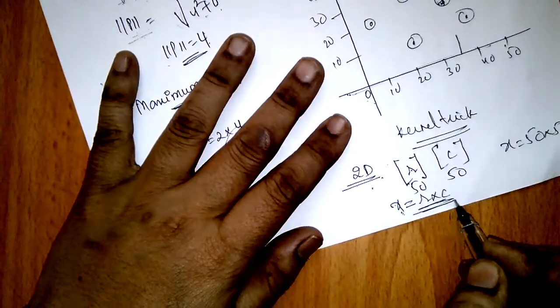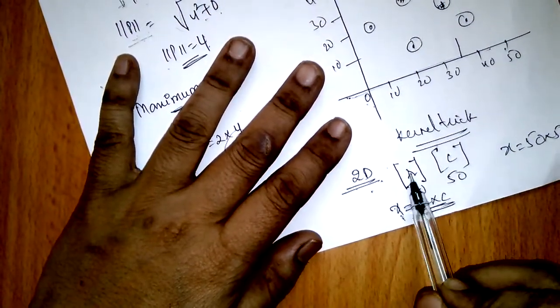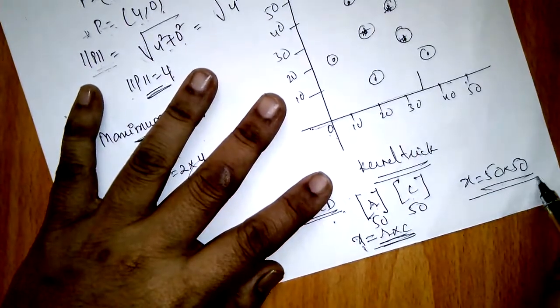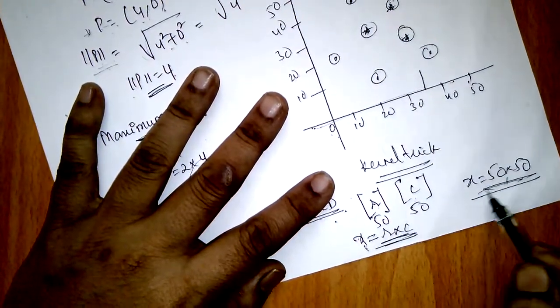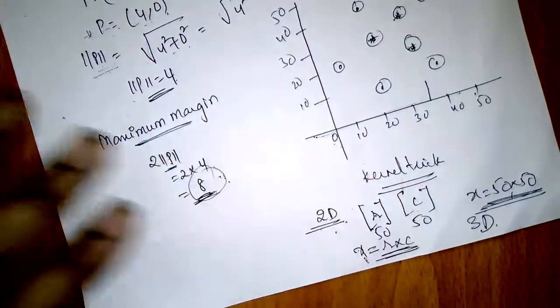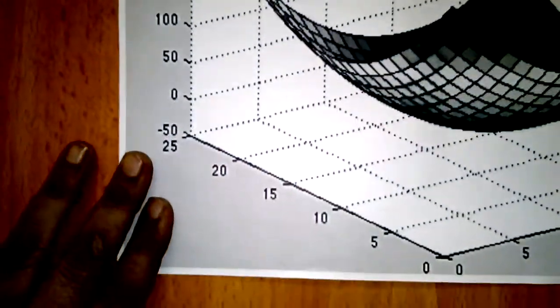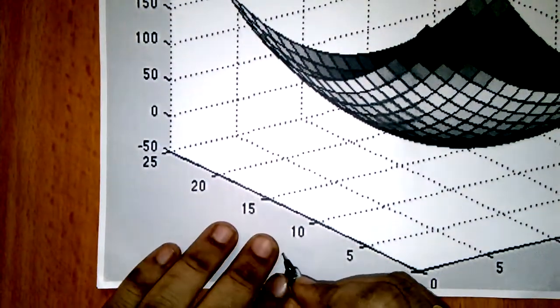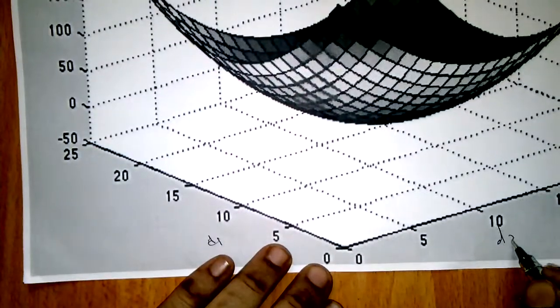By using the formula rows into columns. That will create a third dimension, which will show in a 3D form like this. This is dimension 1, dimension 2 and dimension 3.